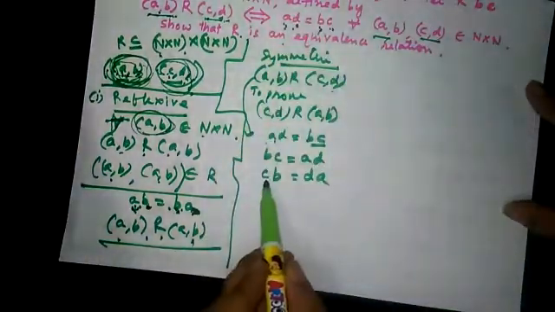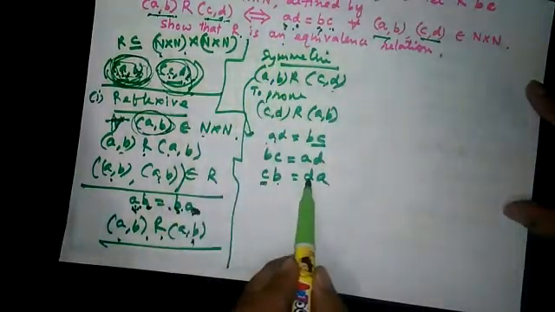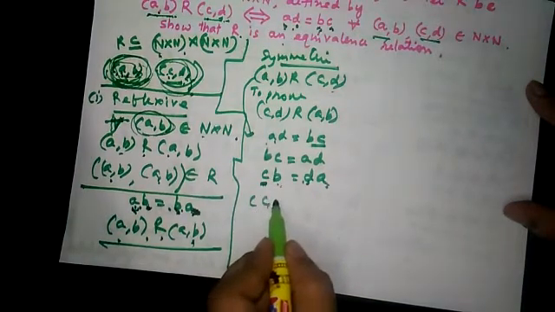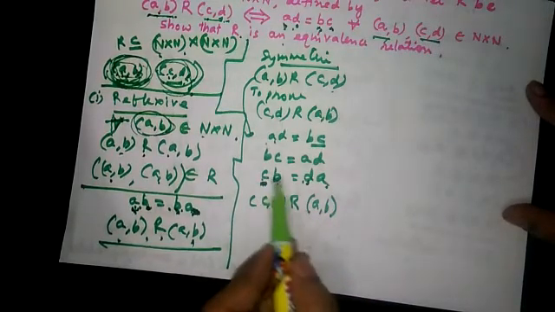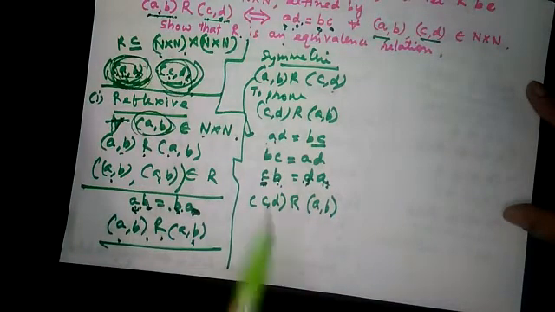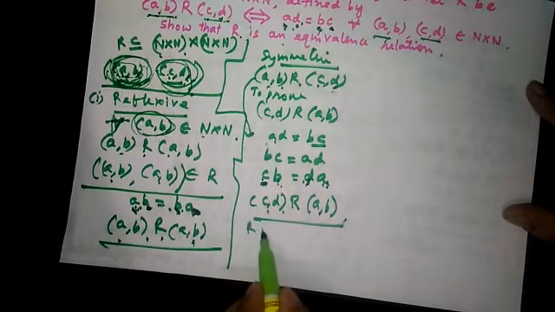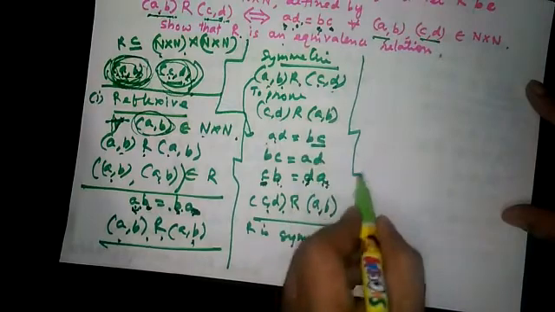Now look at this one: CB equals DA, means C is this, A is this, B is this, so CD will be related to AB. I started with AB related to CD and I got CD related to AB. Therefore, R is symmetric. Right?